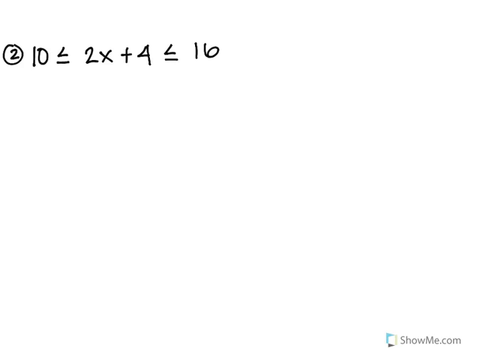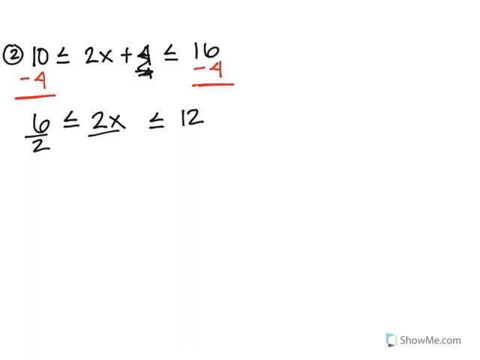Subtract 4, and make sure you do it to both sides. Good. That's going to give 6 less than or equal to 2x less than or equal to 12. And then what do we do? Divide by 2. So we got 3 is less than or equal to x, which is less than or equal to 6. Pretty simple.